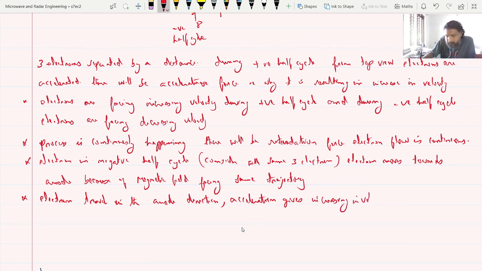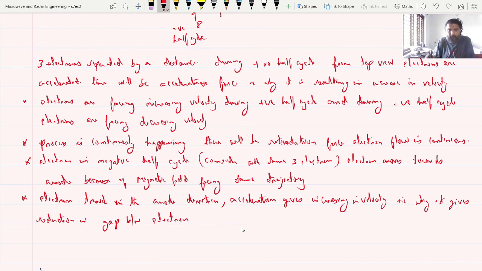So once there is an increase in velocity, what happens? The distance between the electrons reduces. That is why it gives a reduction in the gap between the electrons.